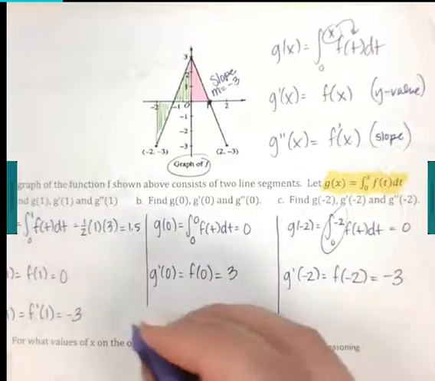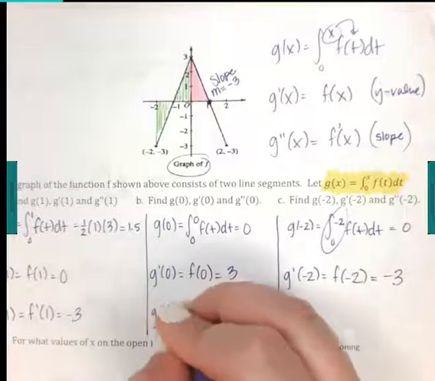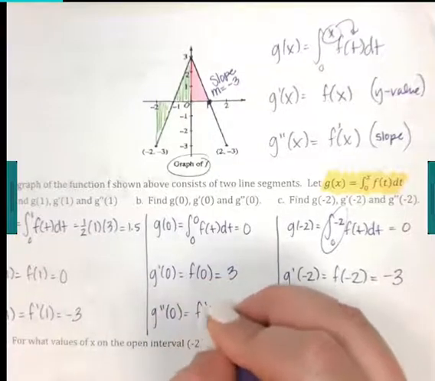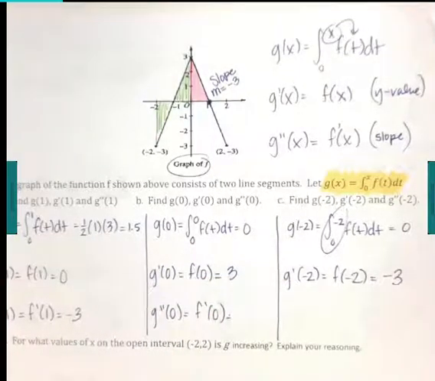Next, I want g double prime at 0. Well, that would be f prime of 0. And at 0, what's f prime? I don't know. You know it. What'd you say? Okay, yeah, it's a corner. So what's the slope? 0.